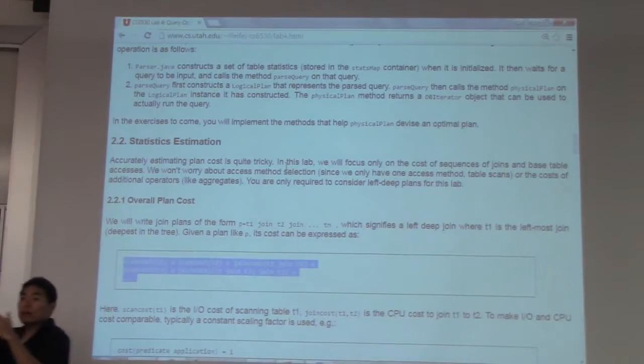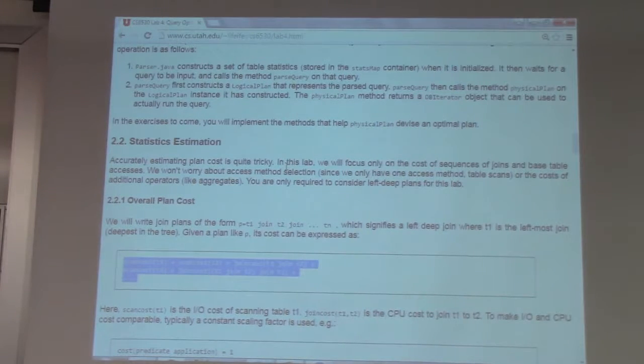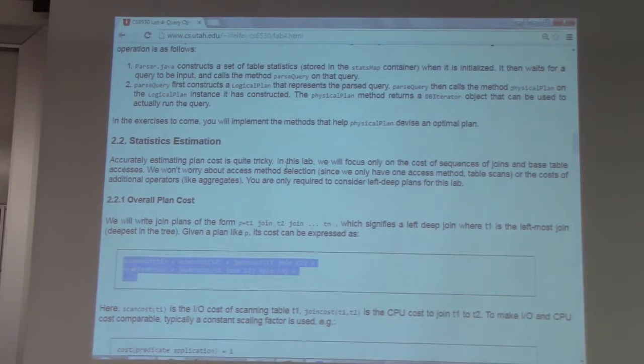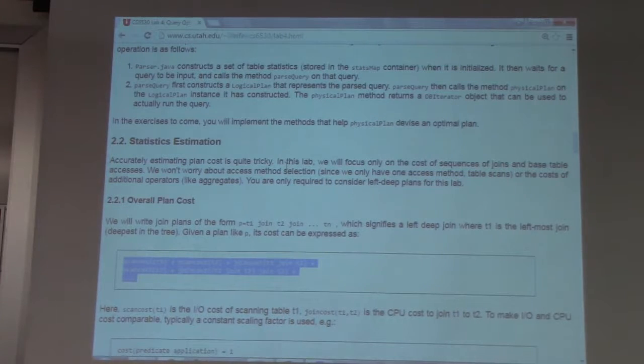What that essentially tells you is that it's a left deep tree plan. I scan this, the join cost, scan this, then the join cost of this. Essentially, the formula tells you that you're using a left deep tree plan to perform your join.